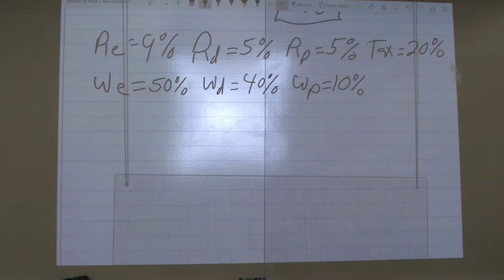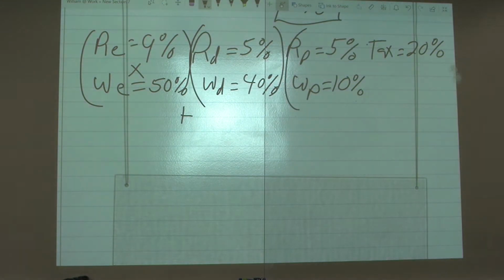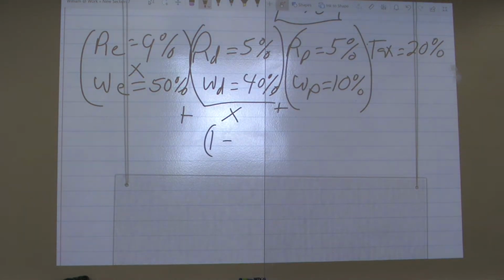Now, our formula for weighted average cost of capital is simply this. So multiply these, plus the cost of debt times the weight of debt, plus cost of preferred stock times the weight of preferred stock, where for the cost of debt we then multiply by 1 minus our tax rate, which is 20%, so this would be 0.8.